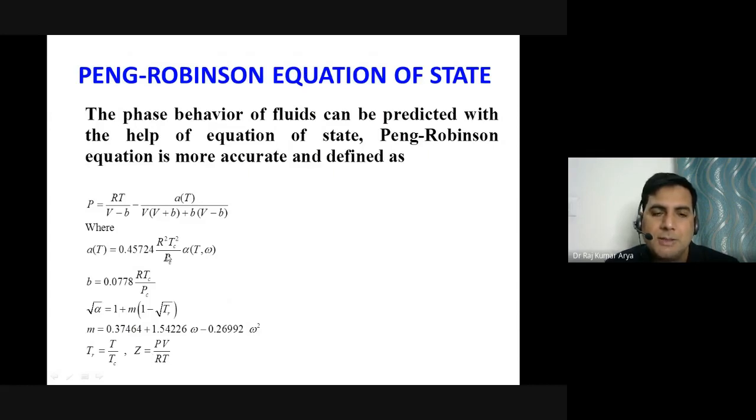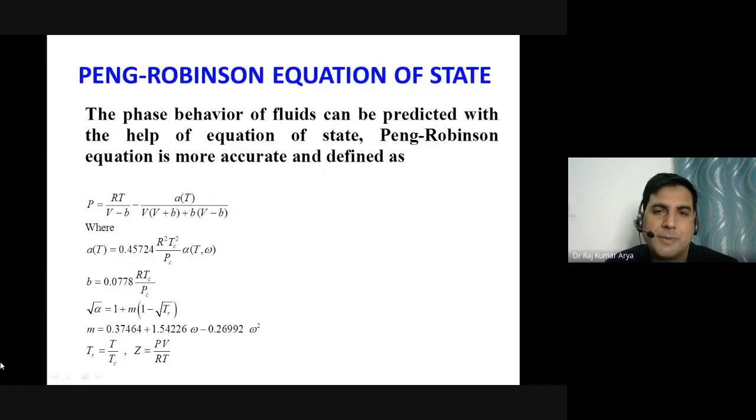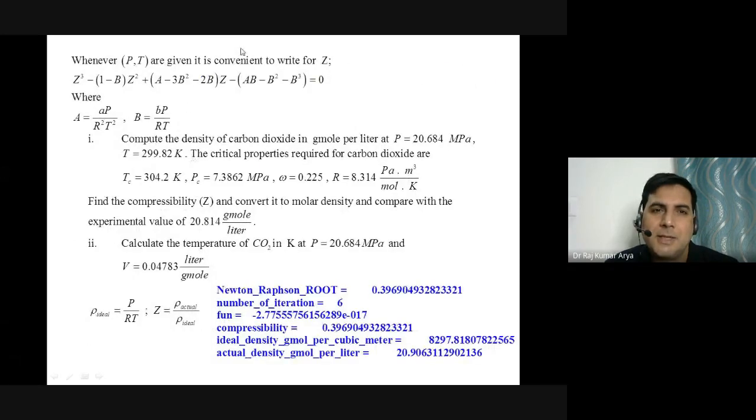Do you know what this Z is? PV upon RT, what is this Z? Compressibility factor. Yes. So you have that, and the entire equation for Z is given in this particular way, right? So Z cubed, and constant A is given, constant B is also given.